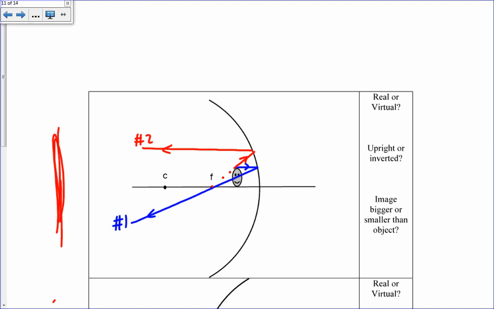So I need to draw back the virtual rays for each of these. I'm just tracing back the reflected ray. Now I know where my object is going to be. It's going to be right here.